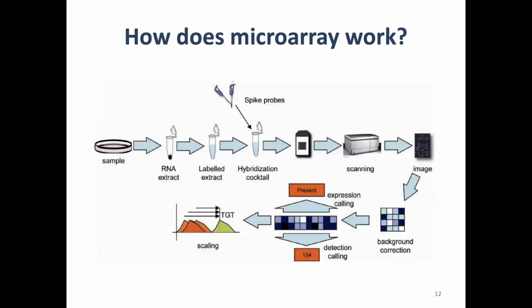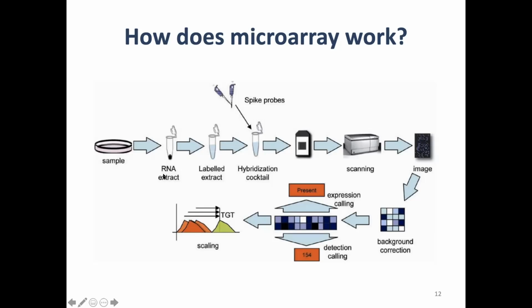Okay, now moving further, how does microarray work? First thing is you need to collect the tissue sample, right? You may be collecting the tissue sample from different experimental conditions or different time points or different developmental stages. So you collect the sample, then you isolate the RNA from the sample, you extract RNA, then you make the complementary DNA from that.